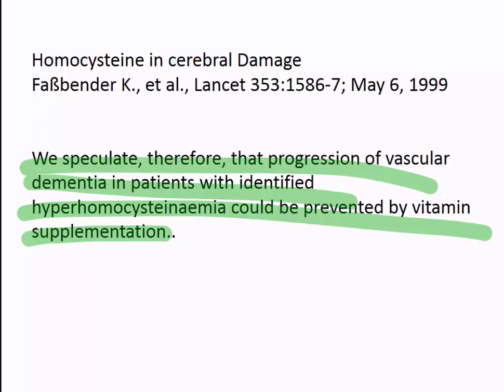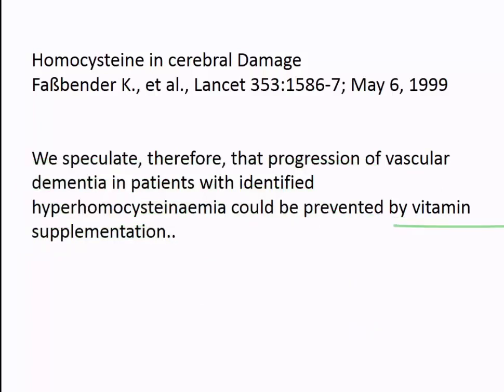They're saying 13.9, but what I'm saying is anything greater than 8 here is a problem functionally. Could be prevented by, I love this, what? Vitamin supplementation. So this is a key thing with that.